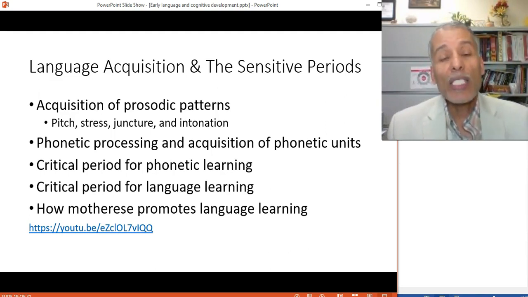So by the 7th month, the baby has acquired the system or the repertoire of sounds in his or her native language.